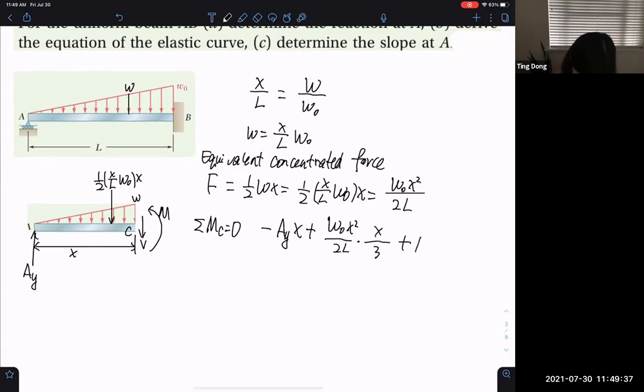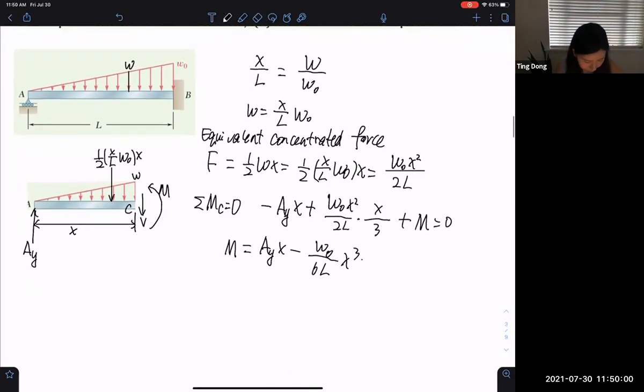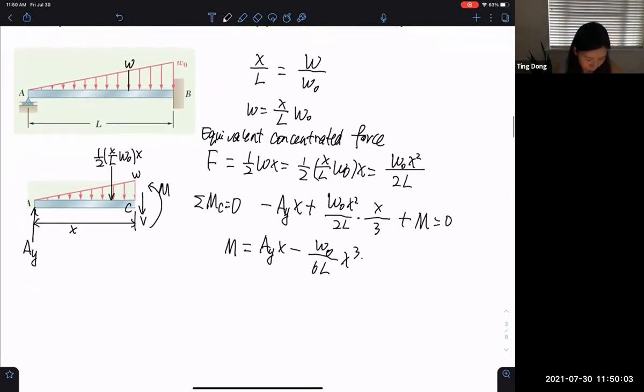The internal bending moment at the cutting surface is counterclockwise. So M equals AY X minus the distributed load term.